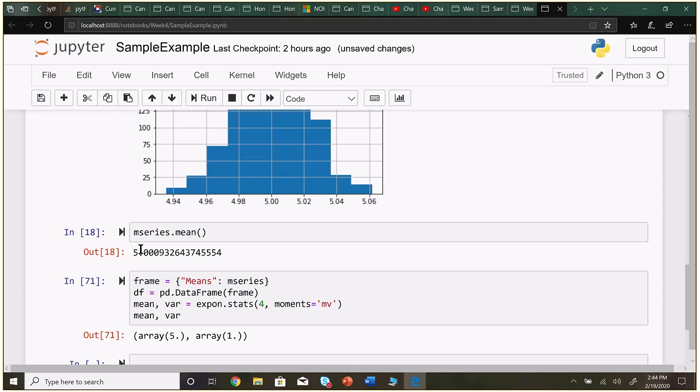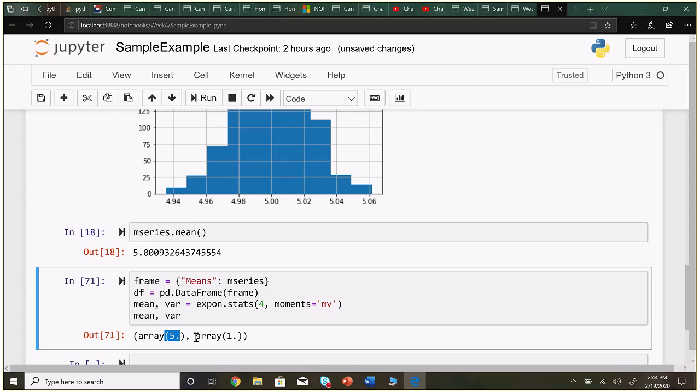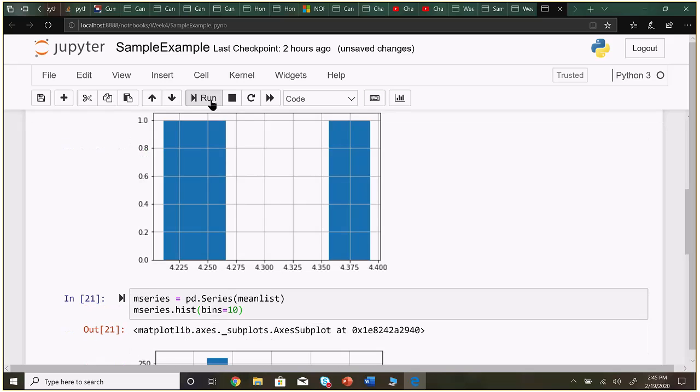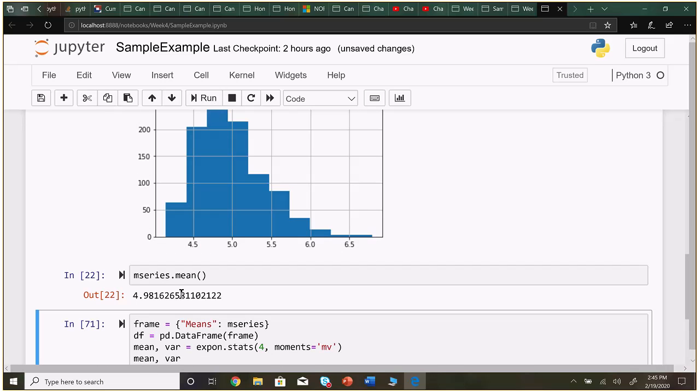Another way to look at this is to see how close the sample mean gets. This is the true mean of that distribution, assuming an infinite sample. If we change this way back to 5, we get a value that's pretty close to 5, right? 4.98. Not quite 5.